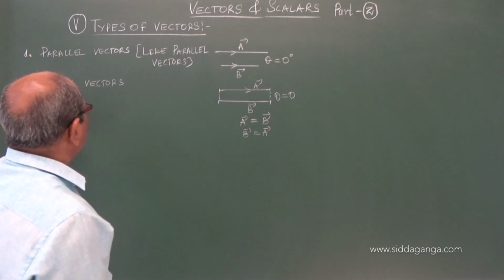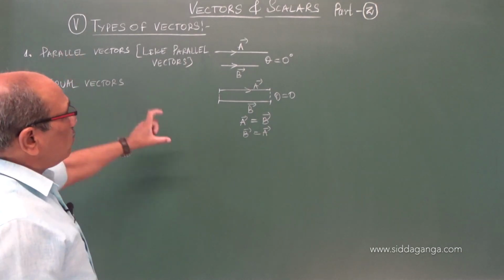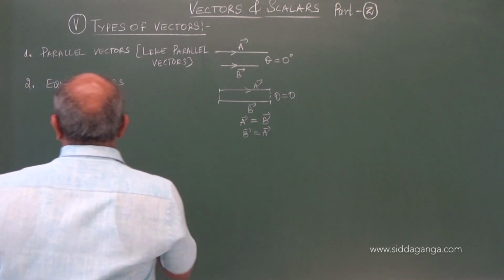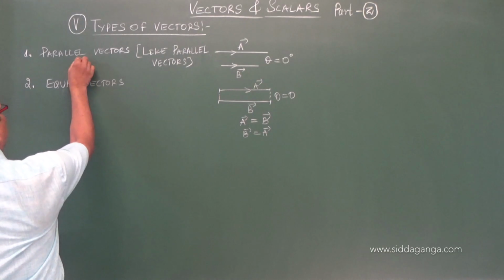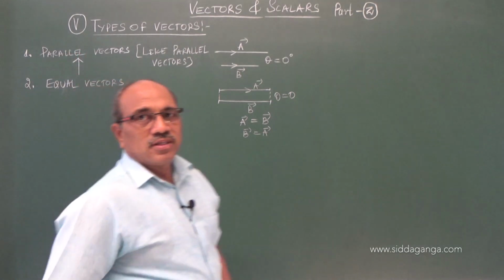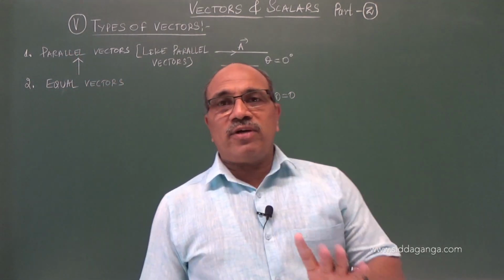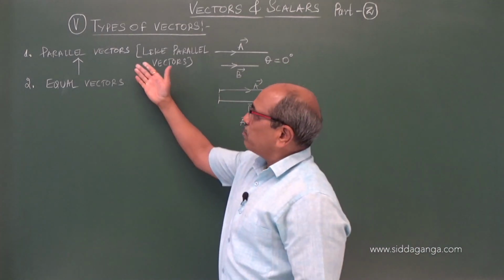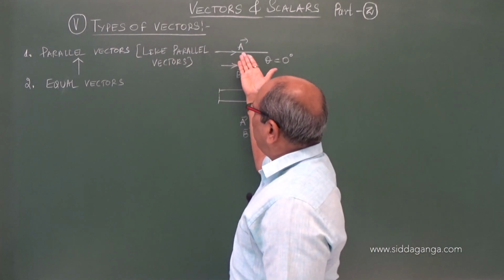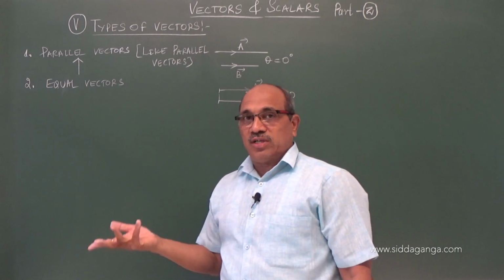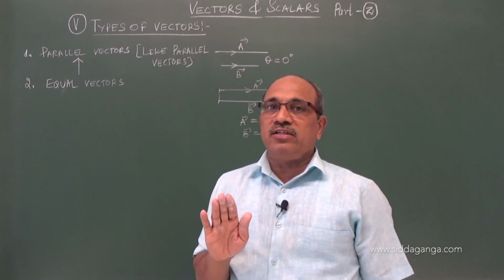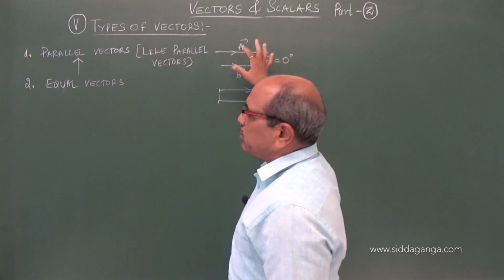That is equal vectors. Now, what I say is equal vectors may be parallel vectors. No doubt, in the parallel vectors condition, magnitude may or may not be equal, but the direction must be the same and they must be parallel to each other.